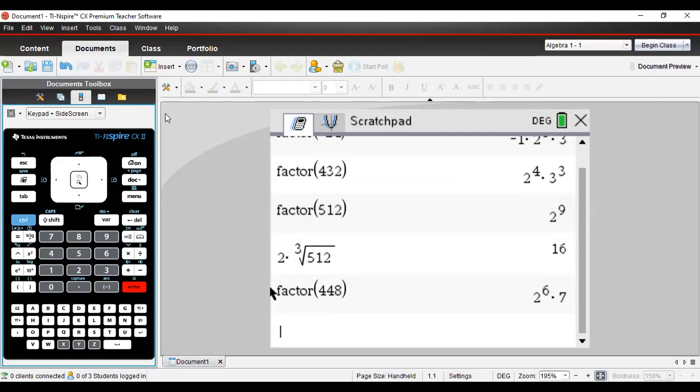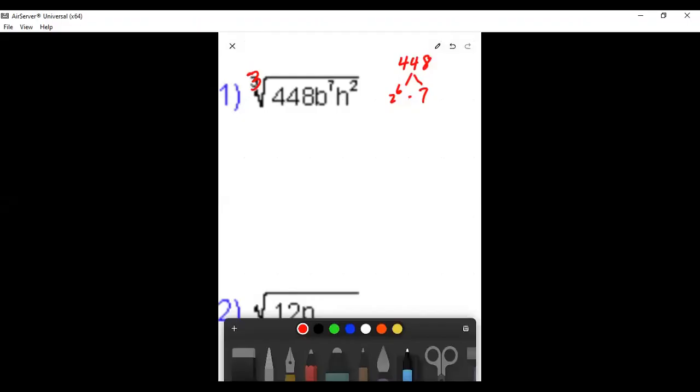All right, so now let's go to the iPad and let's solve this. I'm going to have a bunch of numbers, so I'm going to write them over here. So 2 to the 6 is the same thing as 2 times 2 times 2 times 2 times 2 times 2. That's 6 of them. And then I got a 7. And then I got b to the 7th.